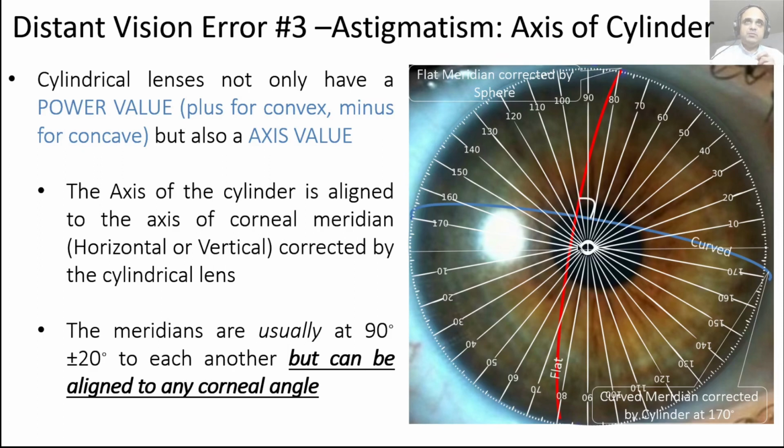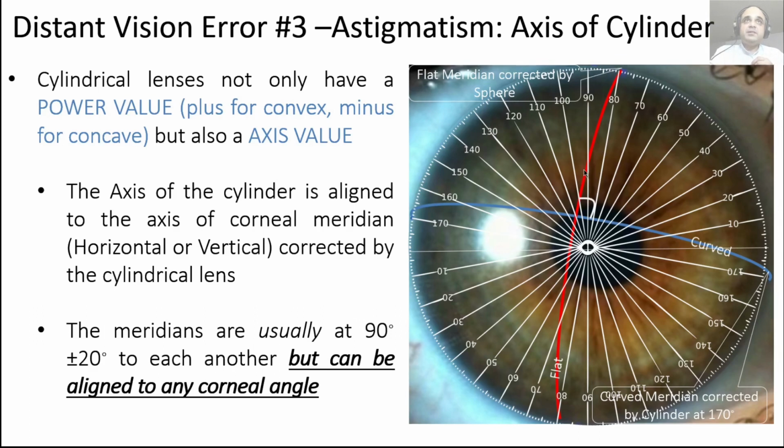That means that the vertical and the horizontal meridian would have an angle of 90 degrees plus minus 20 degrees to each other. Right now I am showing them as 90 degrees. So this little box here in white shows that these two meridians are at right angles to one another. But it is possible that they are somewhere between 70 and 110 degrees, 90 minus 20 and 90 plus 20.